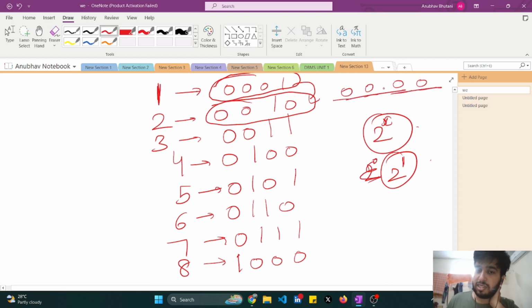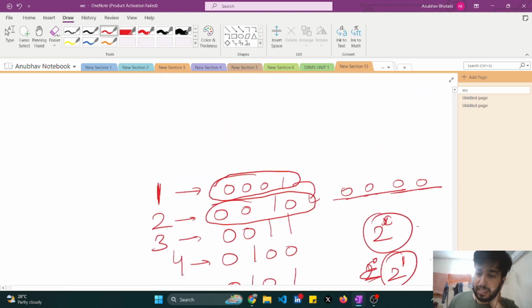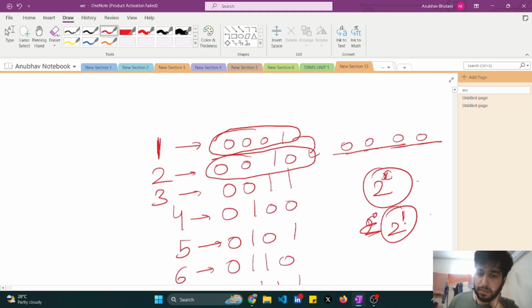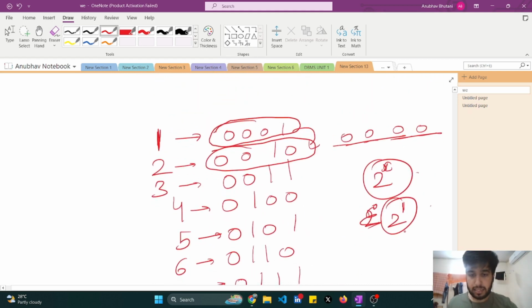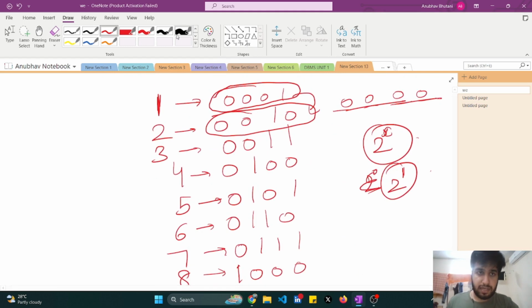Here this position is 2 raised to power 0, this is 2 raised to power 1, 2 raised to power 2, 2 raised to power 3.